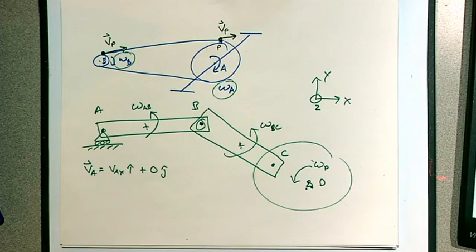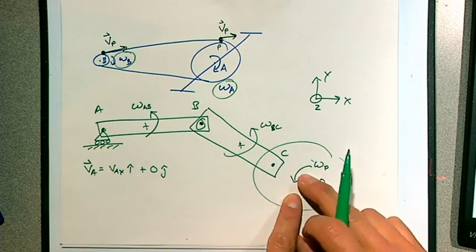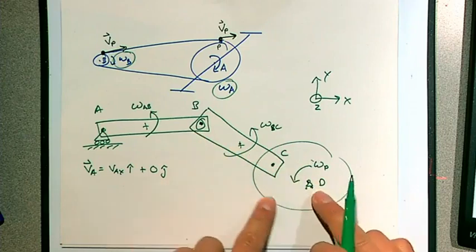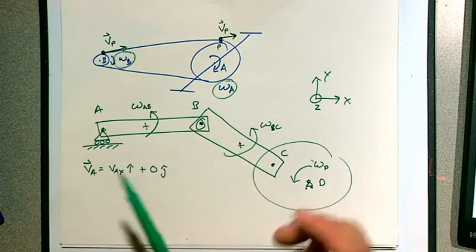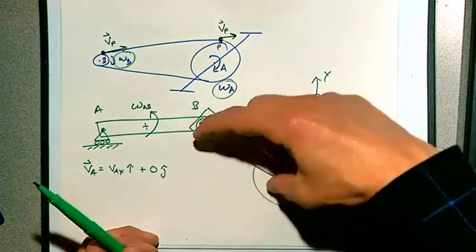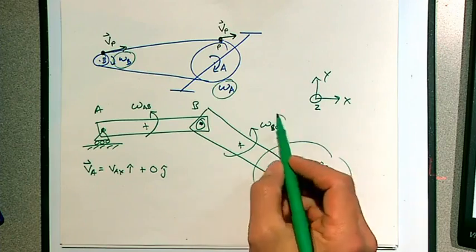Sometimes you're going to have a mechanism that's linked up. It's got a whole bunch of pieces. And your brain can't figure out, well, I don't know, just by looking at this, as this thing rotates, is omega BC positive or negative? Like, I don't have any intuition on that. Who cares? Don't worry about it. Write it down in the positive sense.